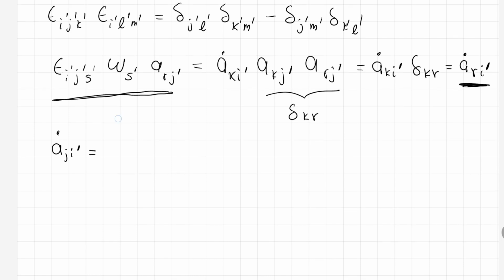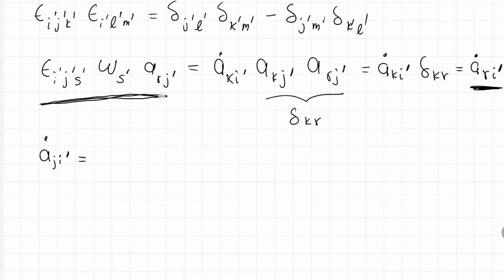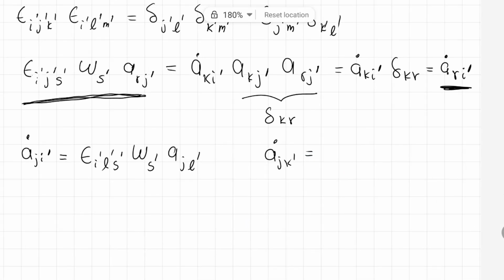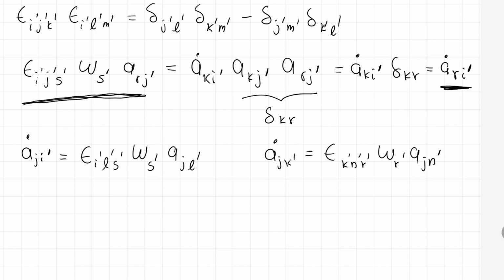Well, if we follow this instruction, we are going to have that this is going to be the Levi-Civita symbol ILS omega S times AJL like this. And for example, if we want to calculate the other term that we had, it is AJK dot. It can be set as the Levi-Civita symbol K N R omega R AJ N like this.